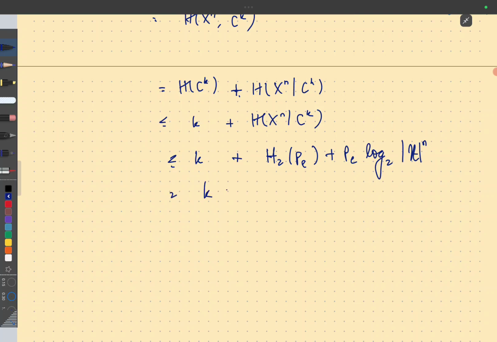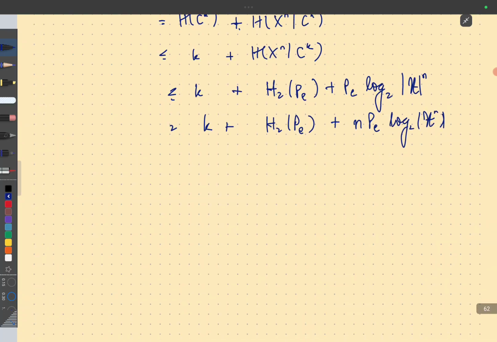So this is equal to k plus the binary entropy of the probability of error plus n times the probability of error times log cardinality of x. I'll use an even more loose bound, k plus, the binary entropy of p can be at most 1.